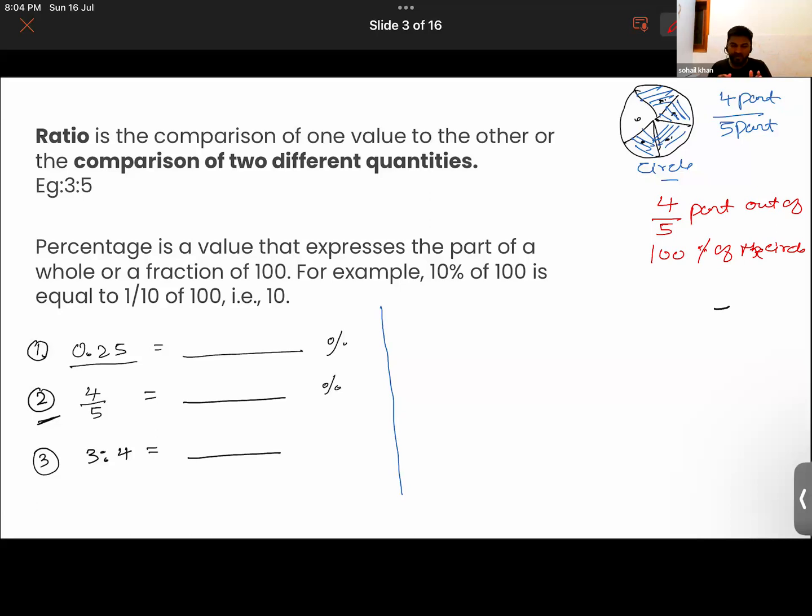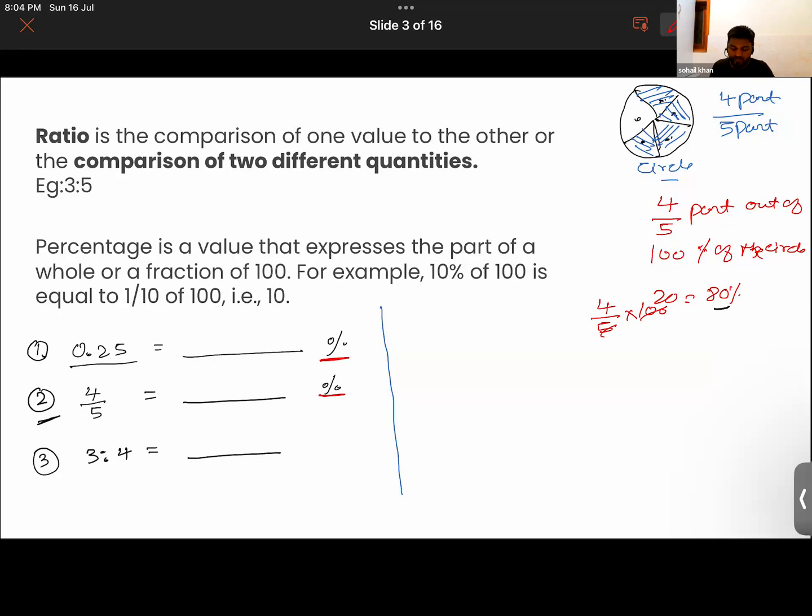Okay, I thought we were converting the percent into fractions. I just saw there's a percent sign over here. So you simply multiplied it with 100 and you get 80% here. So this 4 part covers 80% of the total area of the circle.